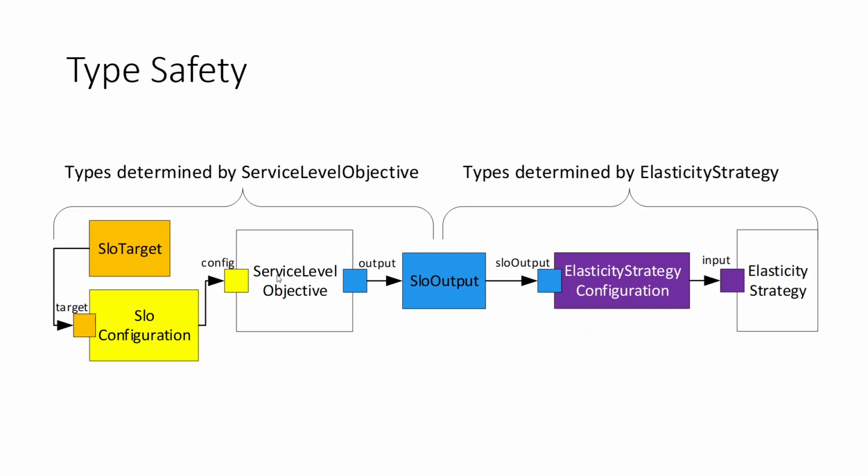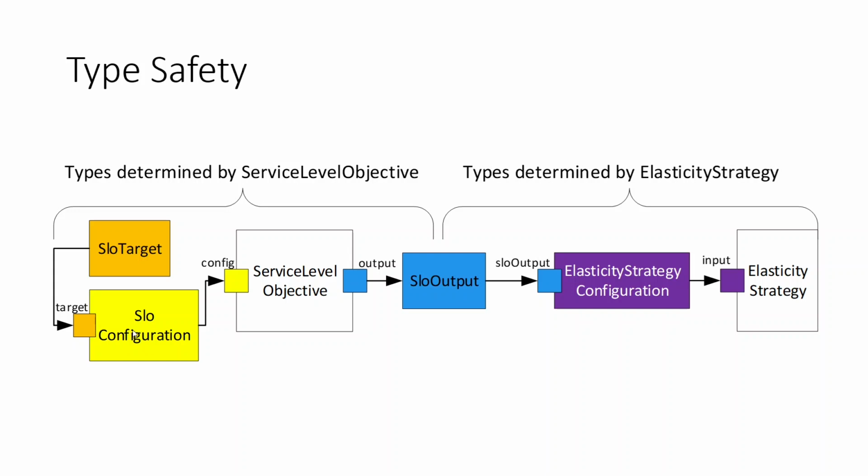So we have the service level objective here, which defines a certain type of input configuration, here as indicated by the yellow color. So the colors in this diagram always represent certain types.